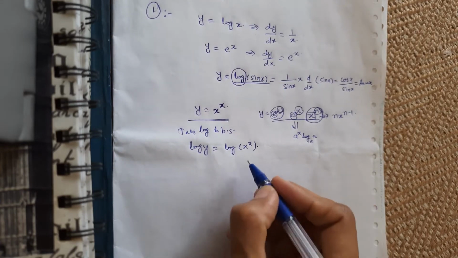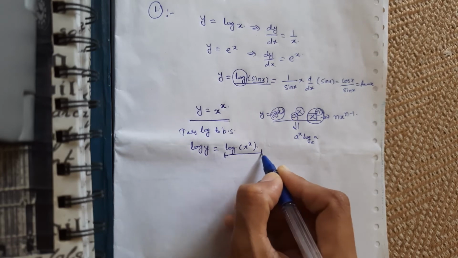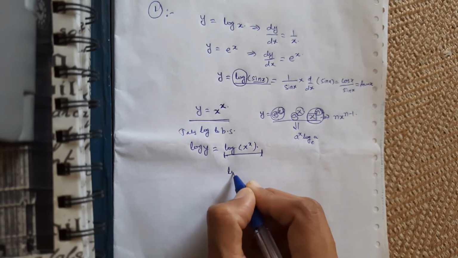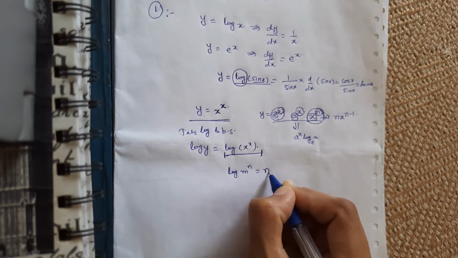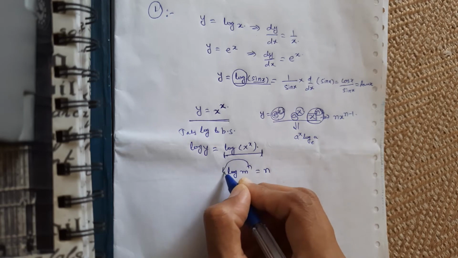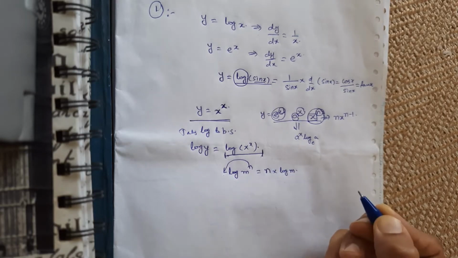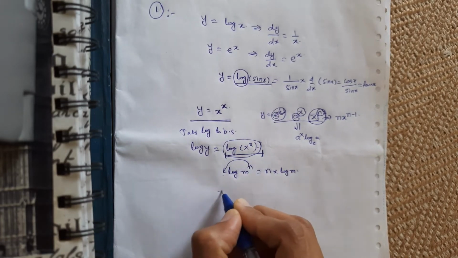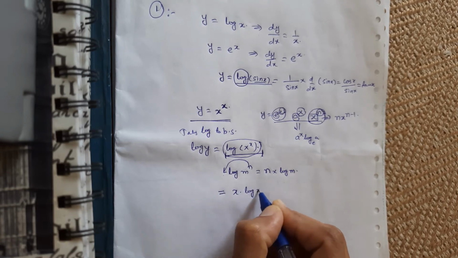Now from the logarithmic law that we studied in our basic mathematics series, we know that log of m to the power n, we can write as n into log of m. So similarly, if I apply the same rule to this term, I will get x into log x.